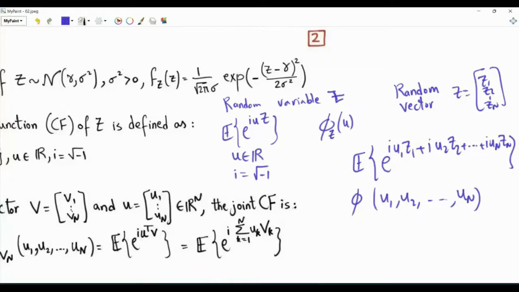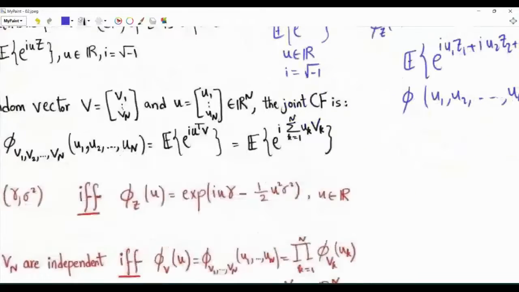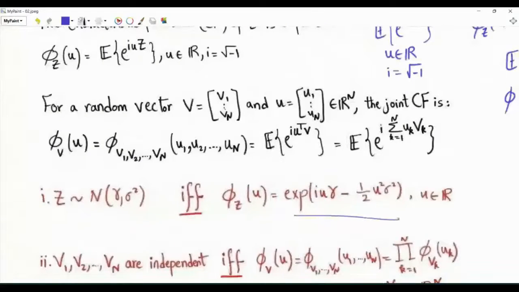For a Gaussian random variable with a strictly positive variance, this is the PDF. What about the characteristic function? It looks like this. If our random variable is Gaussian and it has a mean gamma and variance sigma squared, then the characteristic function is e to the i u gamma, the first moment or the mean, minus 1/2 u squared sigma squared, where sigma squared is the variance.